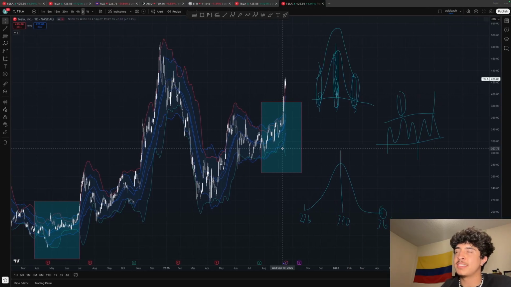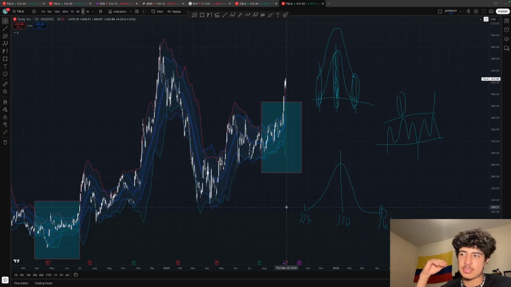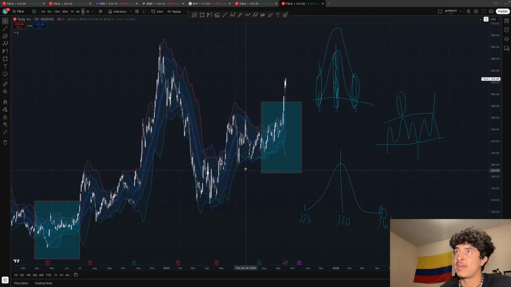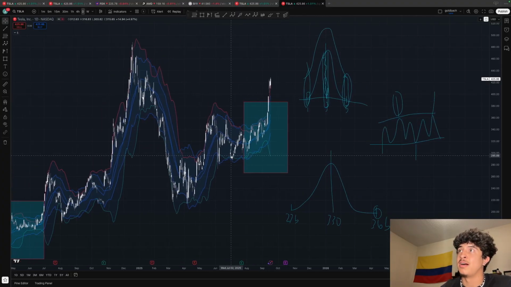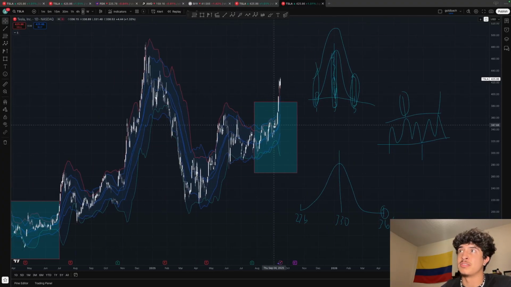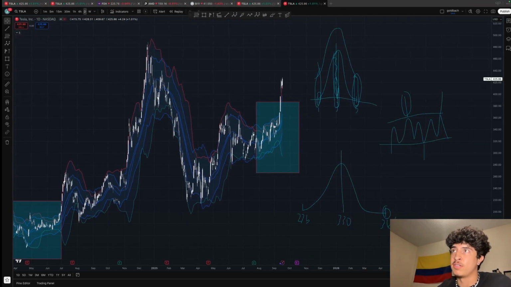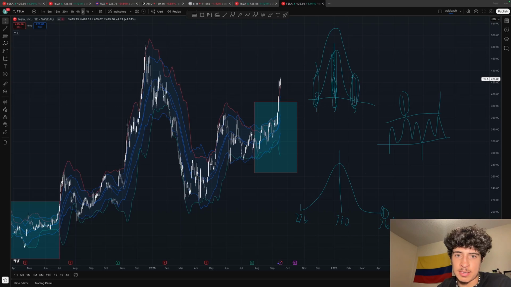So tail risk contagion is really just saying when these tail events happen, it bleeds out and causes other things to happen as a result of that tail risk event. And yeah, I would say this is a tail risk event here. I mean, if you were shorting, you took a lot of damage here. So that is the first component that went into this Tesla trade.